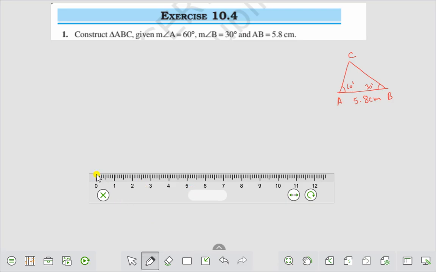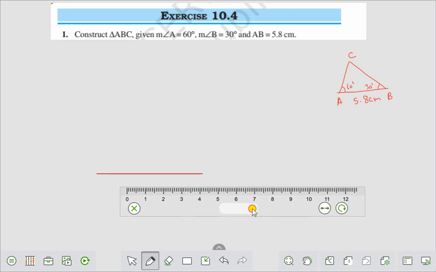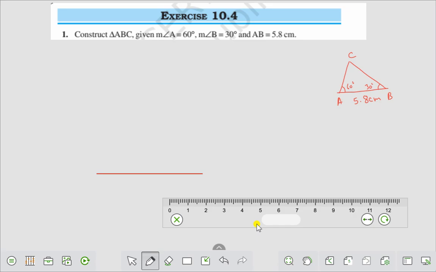Let us draw a line that is 5.8 centimeters. Here you see, this is exactly 5.8 centimeters. Now, write the name of this line as A and B. Here it is A, it is B, and this is 5.8 centimeters.